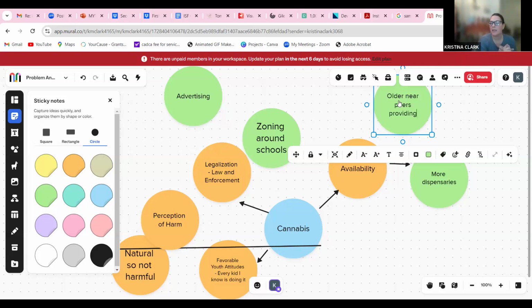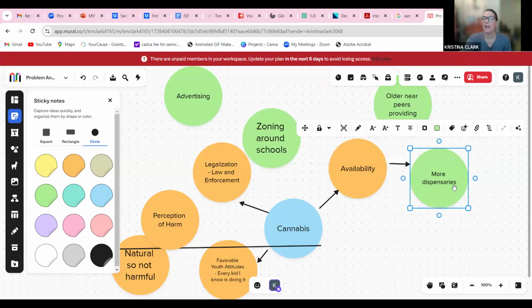So it could be, like you said, social availability, where now it's legal for parents and older near peers to be getting it, so they're providing it. It could be that they're not providing it, but young people know they can access it, so they're stealing it from their parents or near peers. Or it could be more of a retail availability, like we're talking about, where dispensaries aren't carding and youth are attaining it.